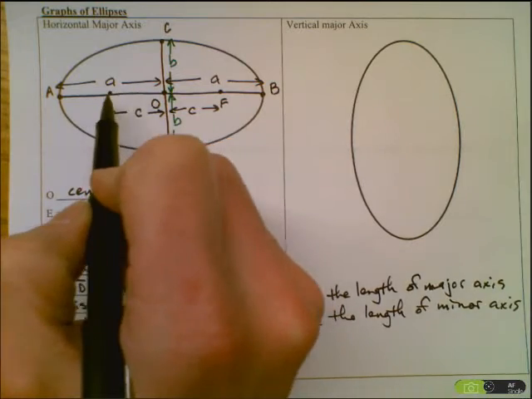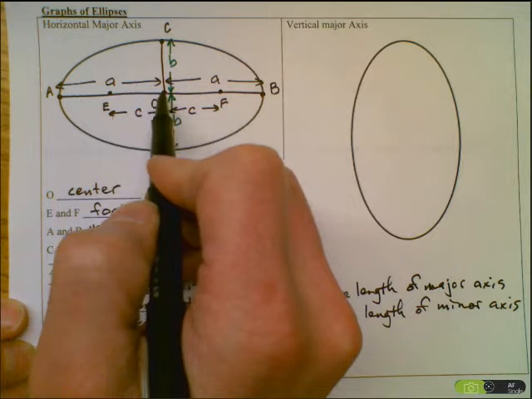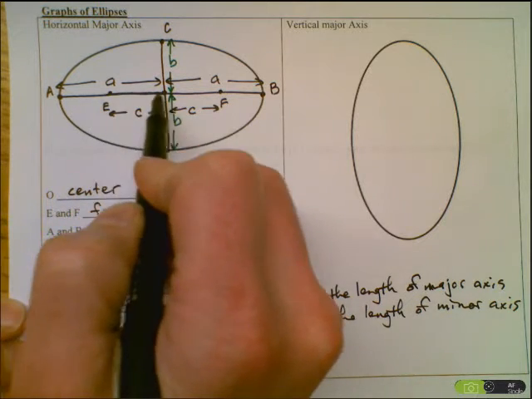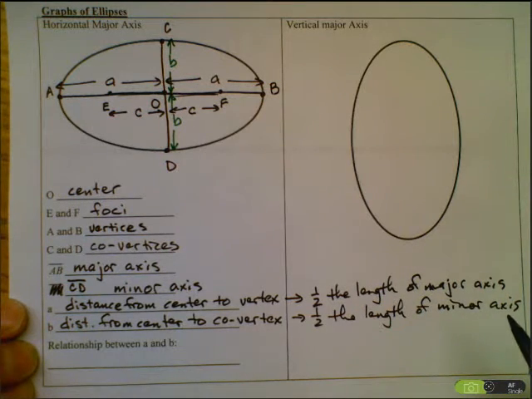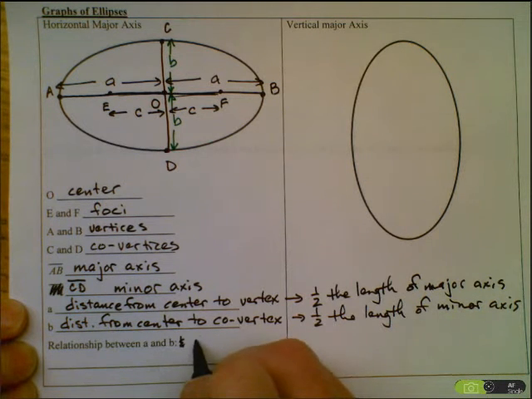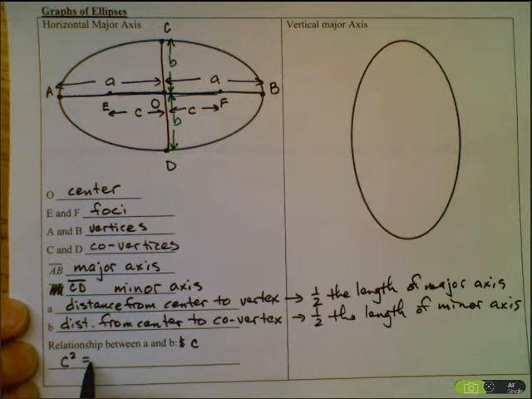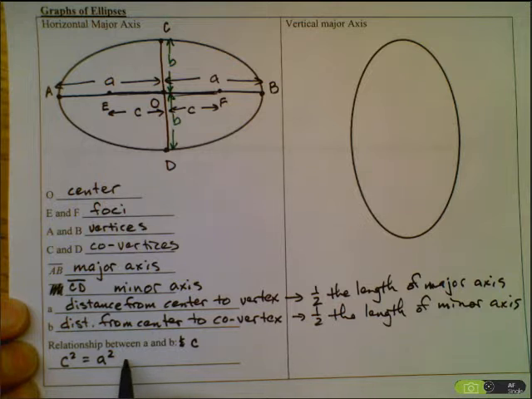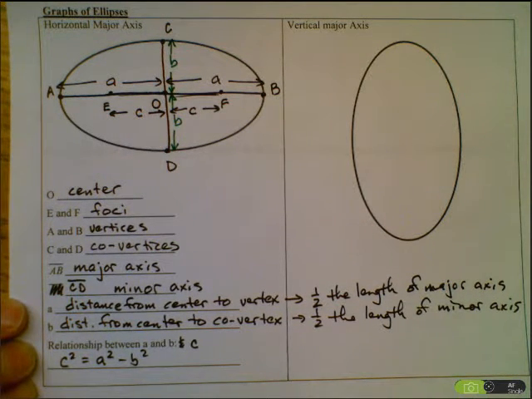So basically we're looking at segment OE, that distance is C, and segment OF, that distance is C. Right? And there's a relationship between A, B, and C. Alright, and that relationship is that C squared is equal to A squared minus B squared, which we saw up at the top. I'm just reiterating because that's important.